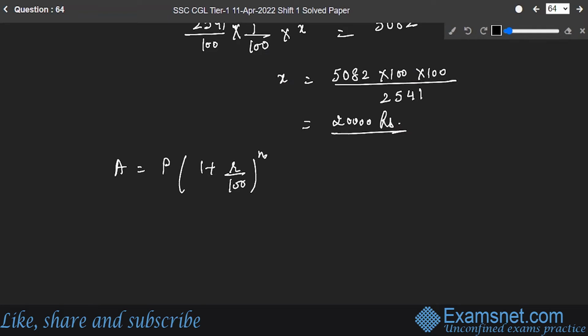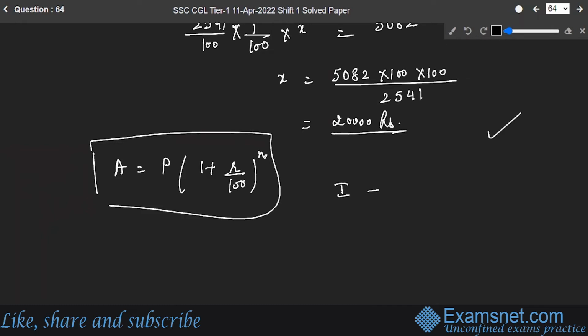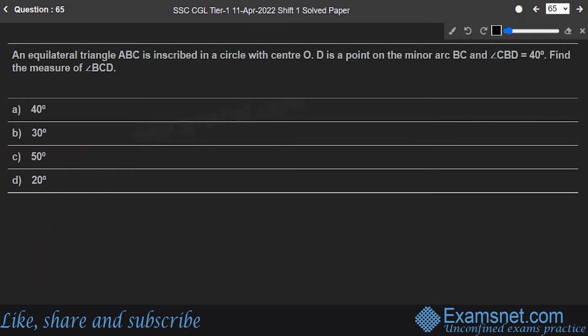So from here you have to calculate the amount, then you have to calculate the interest, and so on. The calculations involved will be too lengthy, and this is a shortcut method. I think this is a better one for your exams. So I hope you're clear. Let's move to the next question, 65.